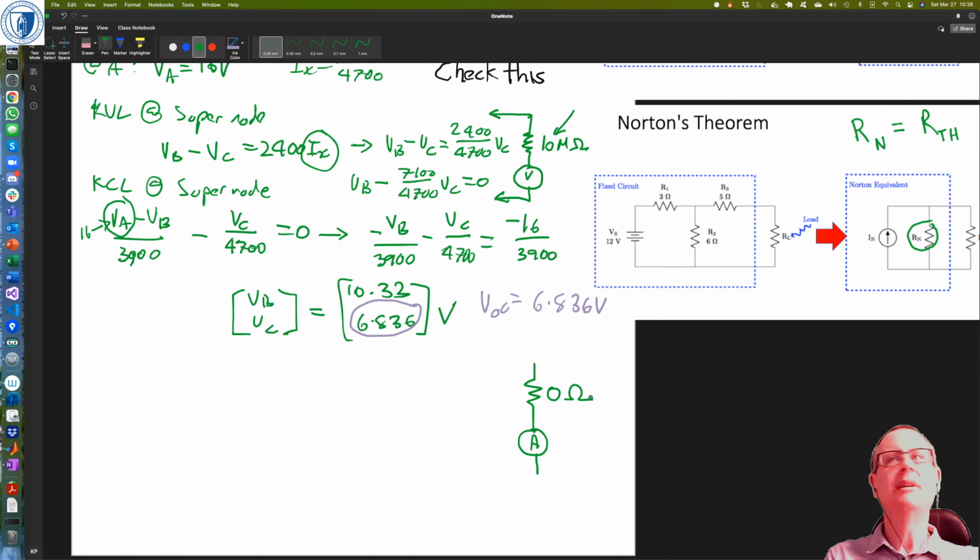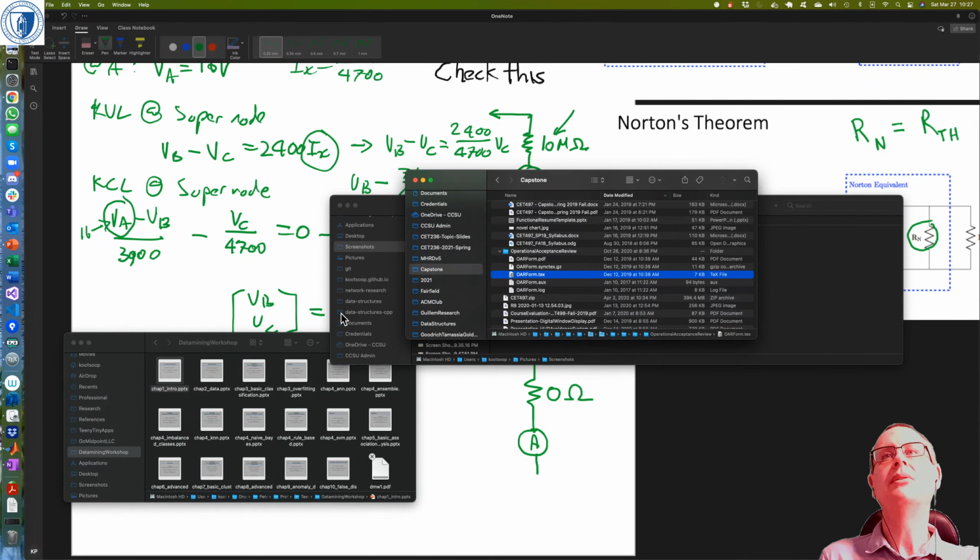So if we were in the lab, you would notice that the multimeters we use have a common black terminal, but then for measuring voltage they have one red terminal, and for measuring current they have a different red terminal. And the reason they have different terminals is because of the different input impedances.